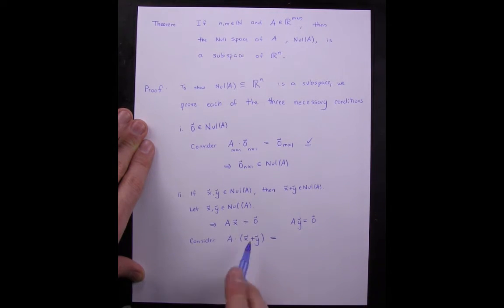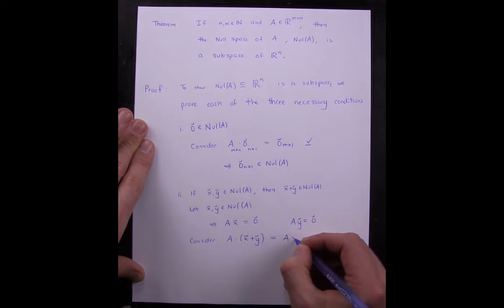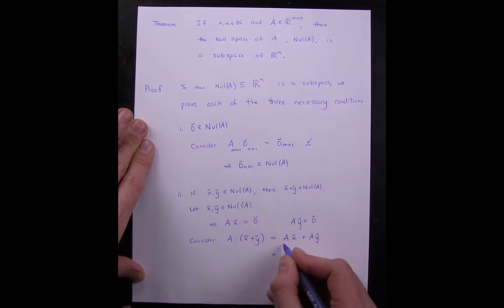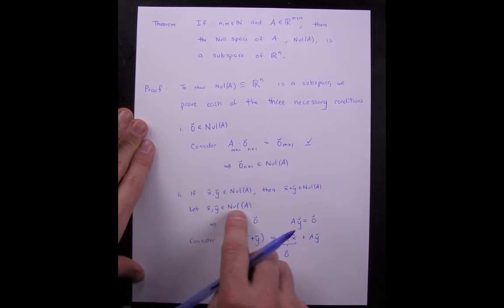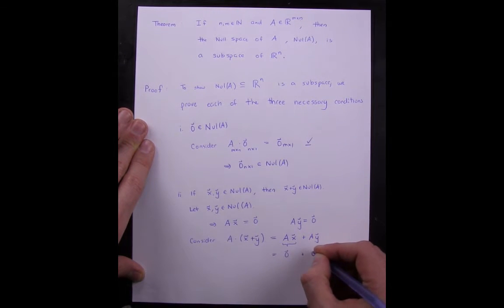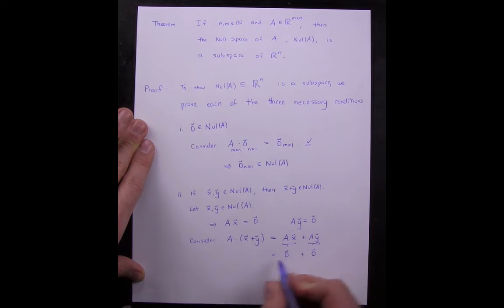We know by superposition that we can distribute matrix multiplication over vector addition, which means A times x plus y is Ax plus Ay, but Ax is 0 by definition because x is in the null space, and we also know that Ay is 0 because y is in the null space.